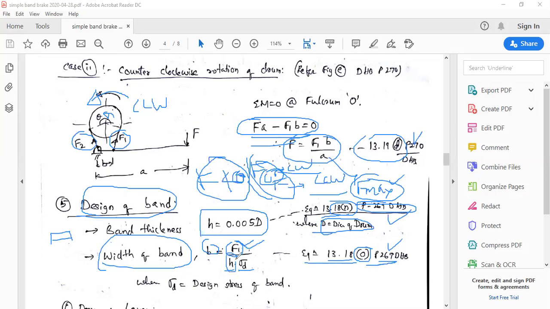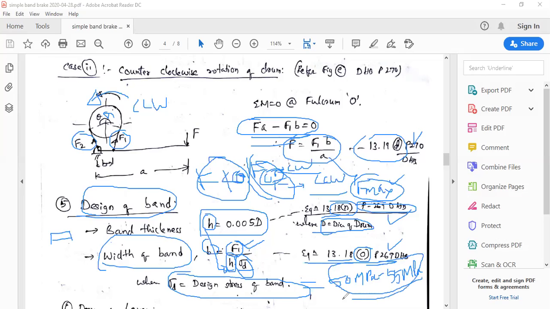H is the thickness of the band, which is given or substituted after calculation. And sigma D is the design stress of the band, which usually varies from 50 Newton per mm square to 56 Newton per mm square. This is the standard value for sigma D.